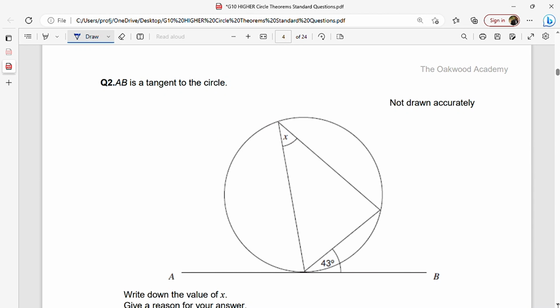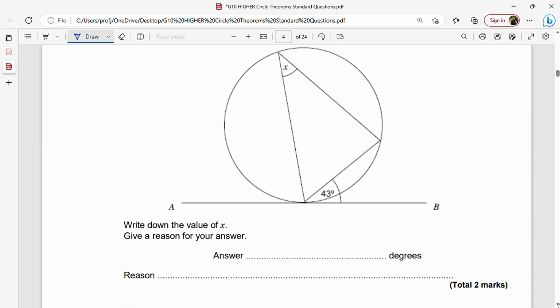It says AB is a tangent to the circle. Write down the value of x. I think this is trying to explain each theorem to you. One of the theorems in circle geometry states that angles in alternate segments are equal.